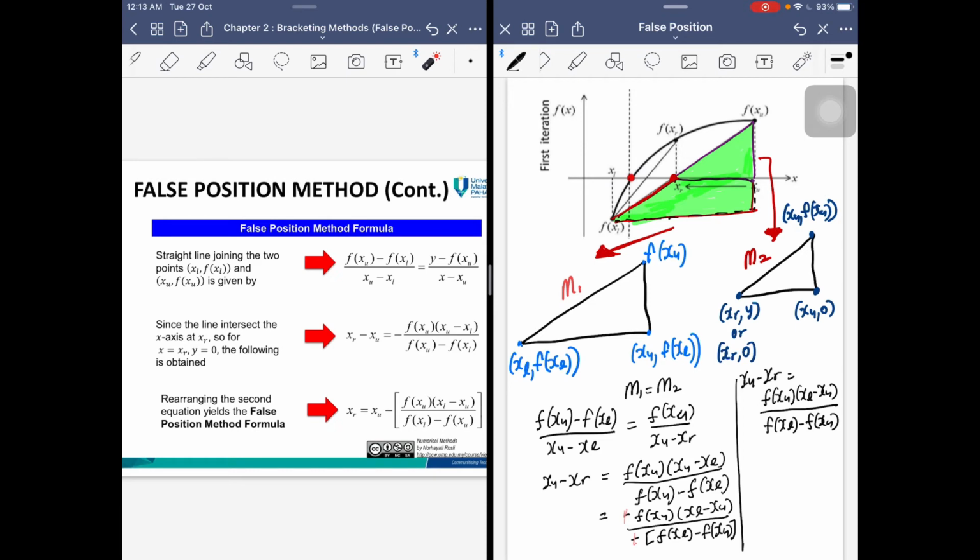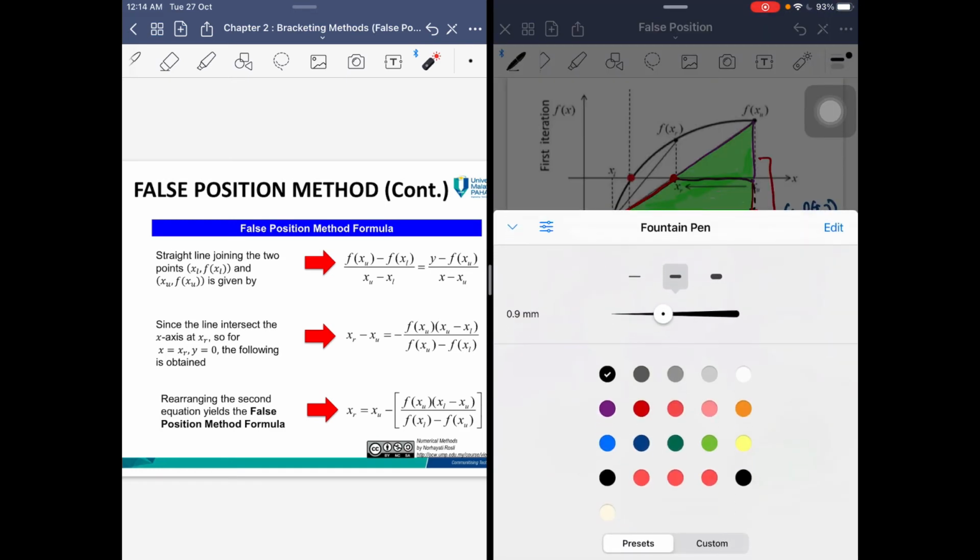Since we want SR as the subject, I rearrange this equation, so I should get XR equal to XU minus this whole thing, which I represent as star. This is the false position formula.